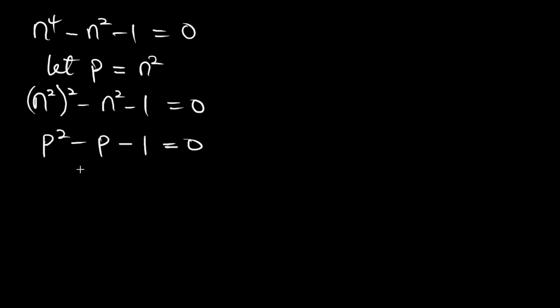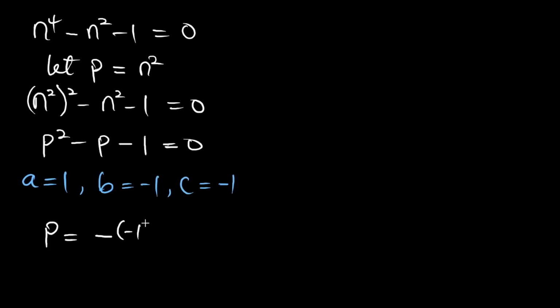Okay, so I'm going to use quadratic formula where I have my a to be 1, b is minus 1, c is minus 1. So I'm going to use the Olympiad vibes to solve this. Okay, so from quadratic formula we have minus b, b is what? B is minus 1. Okay, minus minus 1 plus or minus the square root of b square.